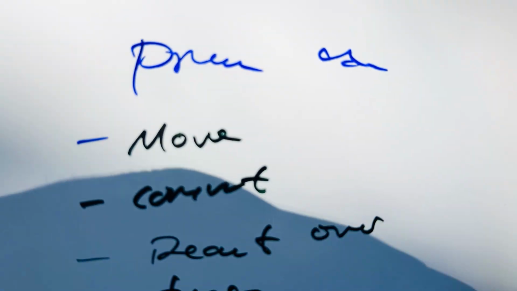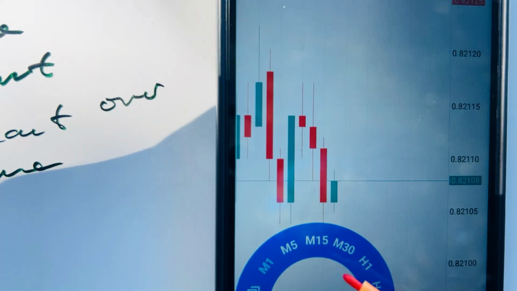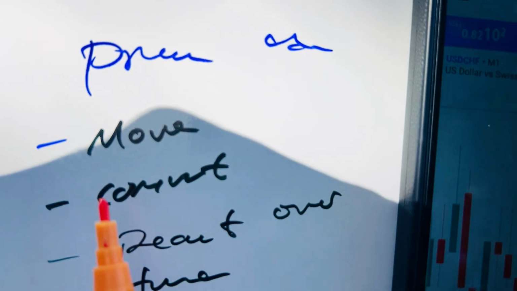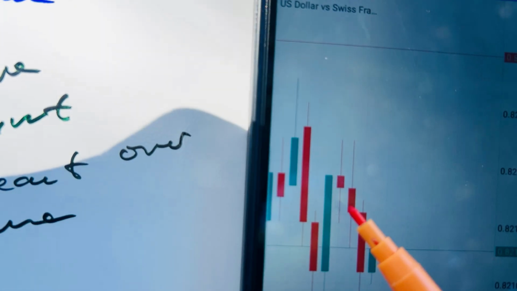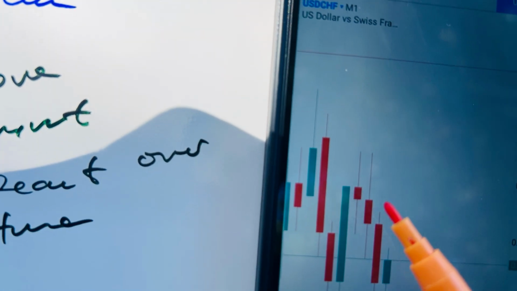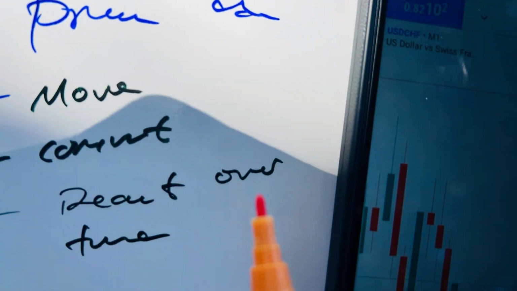I know some of you are exposed to supply and demand, support and resistance, but what is price action? Price action is basically how the market moves, this graph, based on the time frame that we're using, and how it connects between the buy and sell, which is the supply and demand. Now, how it reacts over time.